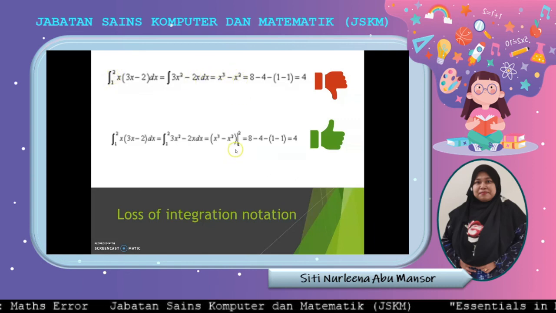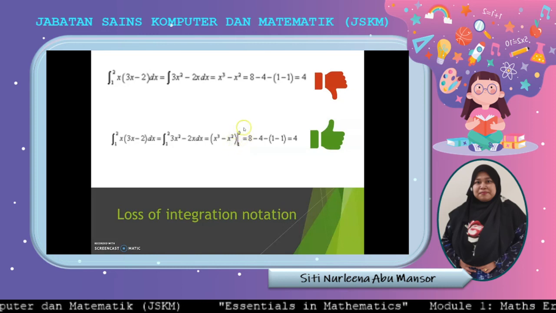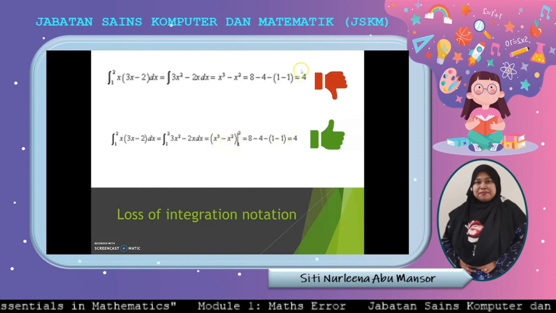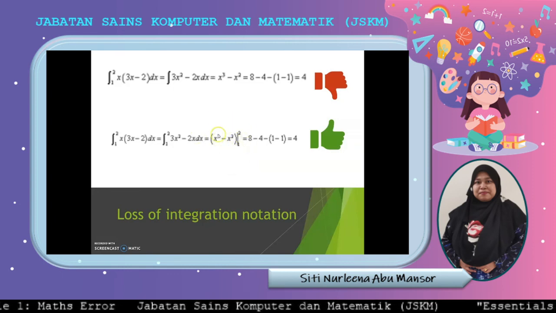So the student should write it this way. We have to show the values of the lower bound and the upper bound at the equation that we have already integrated. Even though they have the same answers, this one we call a notation error. So this can mean loss of marks.